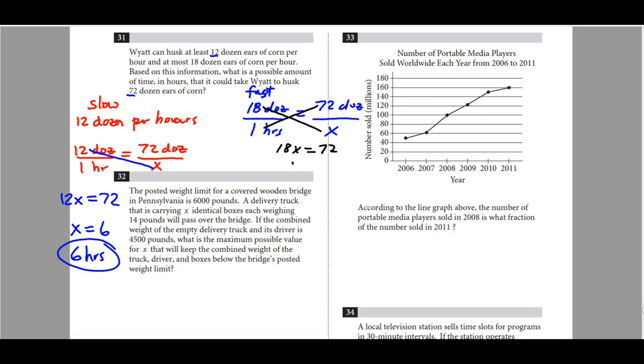Then you divide both sides by 18, and you will get 4. So the fastest he could do this job would be in 4 hours. The slowest he could do it in is 6 hours. And it says, based on the information, what is a possible amount of time that he could take to do 72? So it looks like our answers could be either 4, 5, or 6. You're only going to put one of those answers, though. You're not going to mark all of them, just one of those.